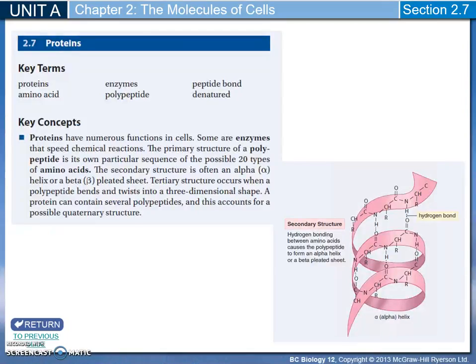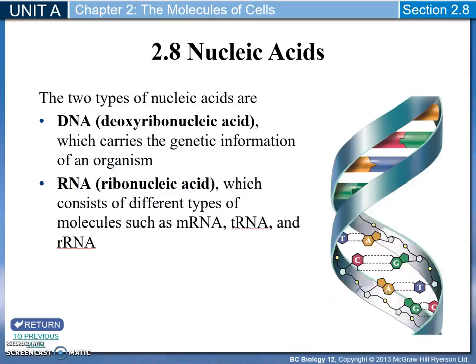All right, so again, here's a summary of what we've just talked about. And so we're now going to look at the nucleic acids, and there are two types. We have DNA, which everybody has heard about, and RNA as well. DNA stands for deoxyribonucleic acid, and this carries the genetic information of an organism.